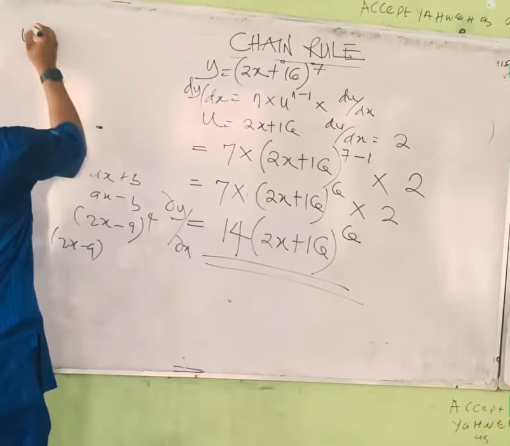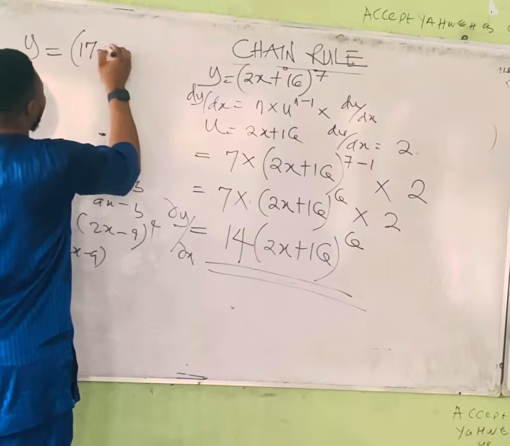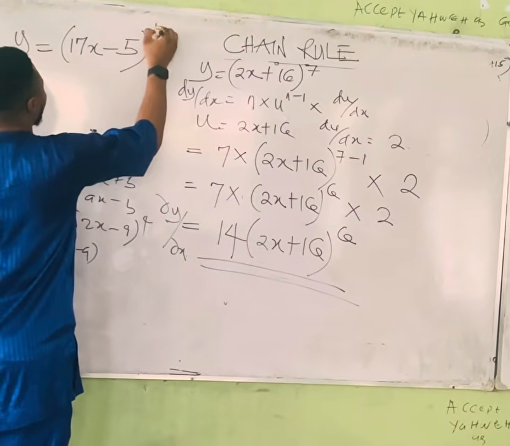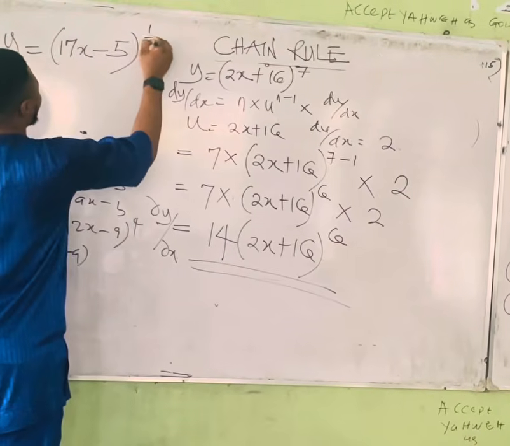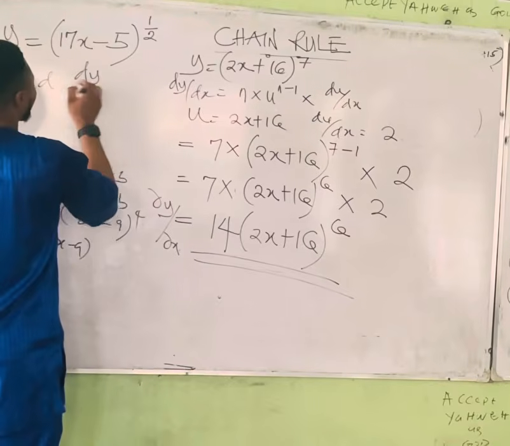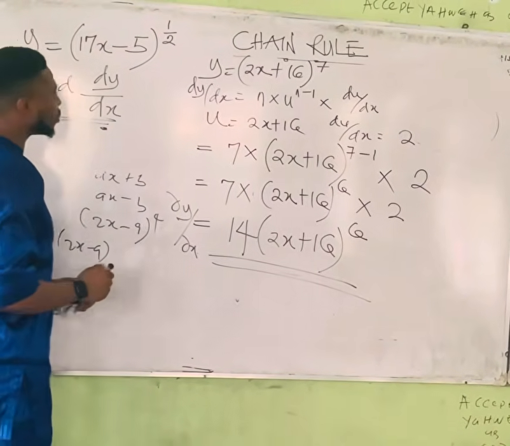Now if y is equal to (17x minus 5) raised to power 1 over 2, find dy over dx using the chain rule.